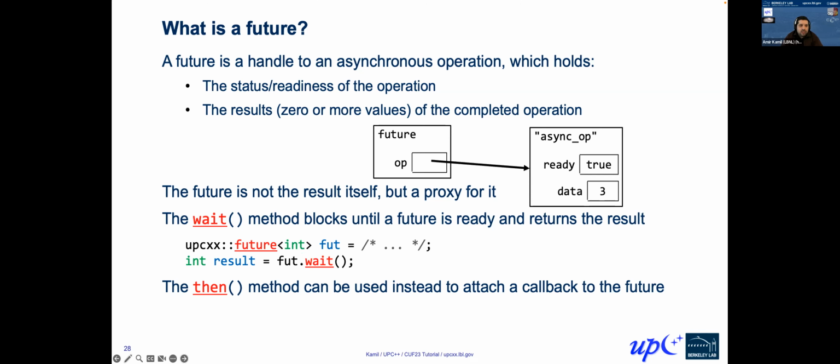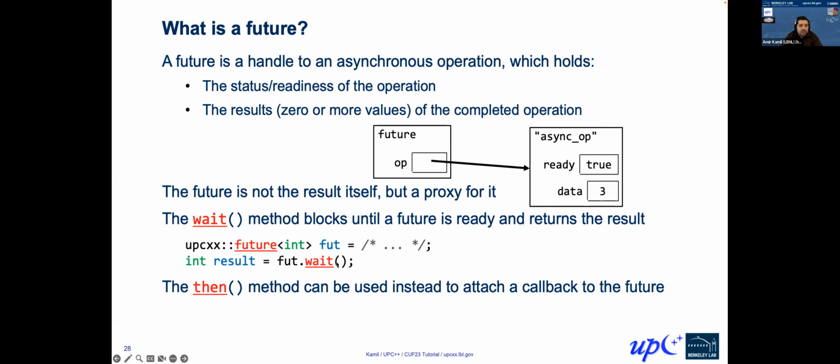When we call wait, we get back the data as part of that, but we can also obtain that data again using different calls.